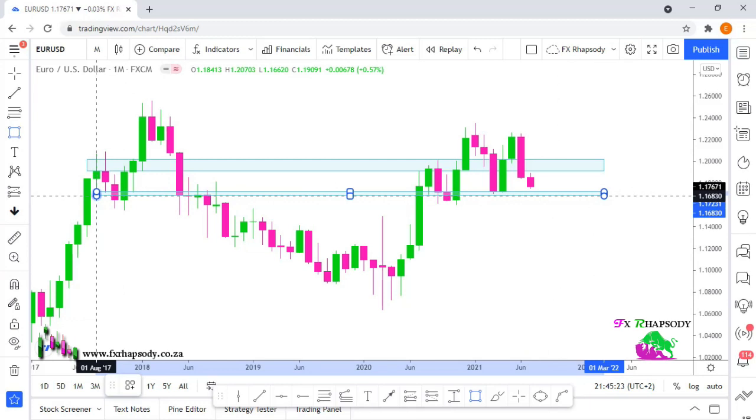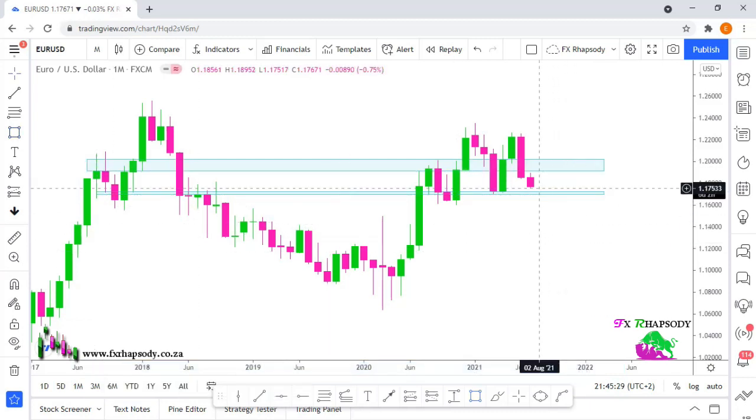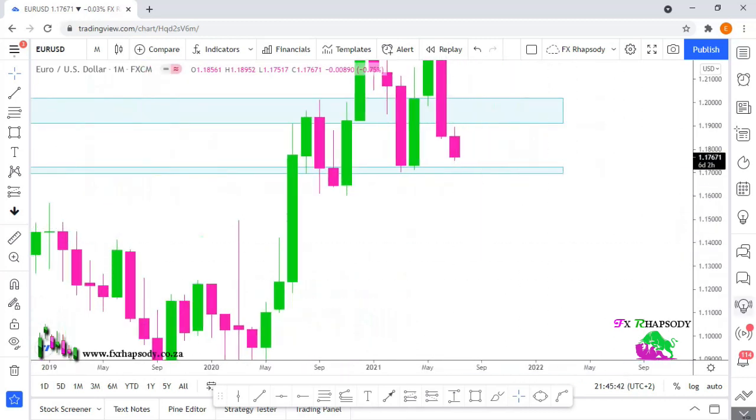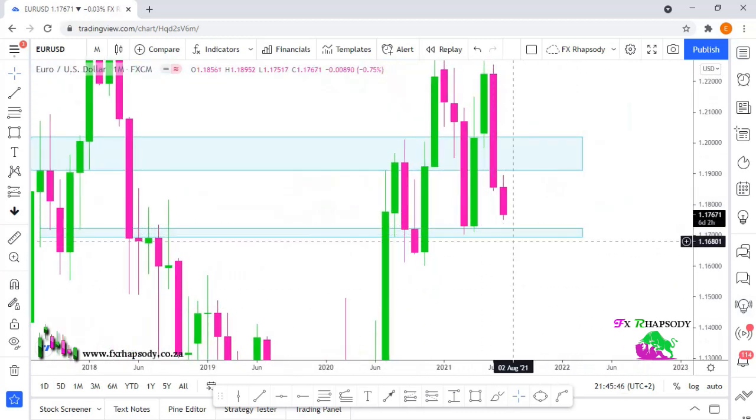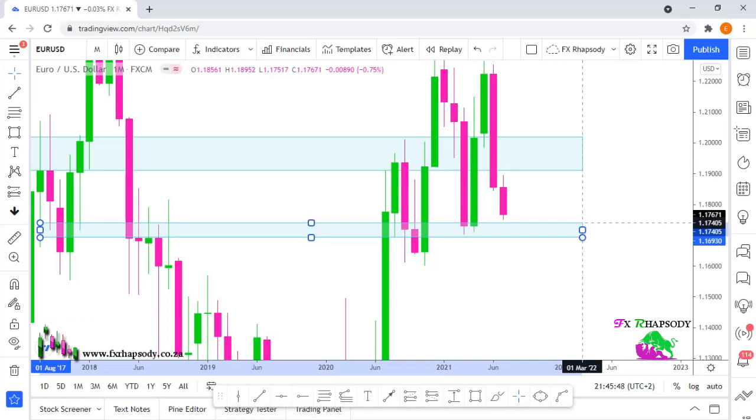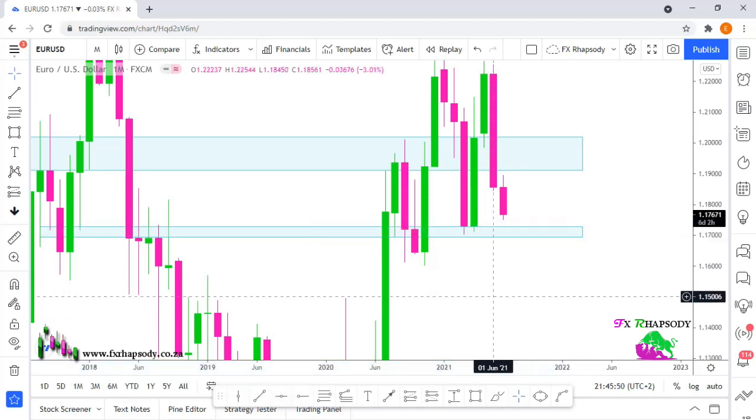Okay, so currently price is sitting in between these two zones. We can see that the price is moving down slightly. So first target, let's just expand this a bit, I would like to see price coming down to this first support.